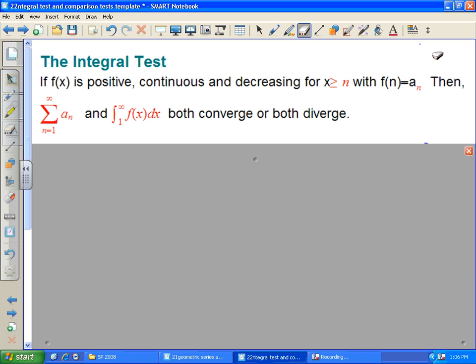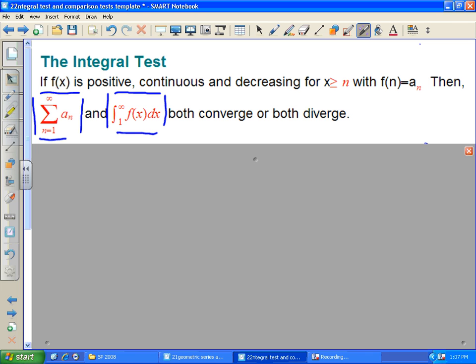It says, if you have a positive, continuous and decreasing function, then when you're trying to determine whether a series converges or not, say that series is this one right here, what you should do is take the integral of that sequence portion.